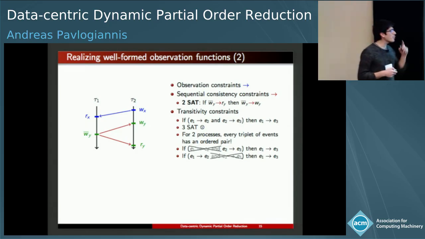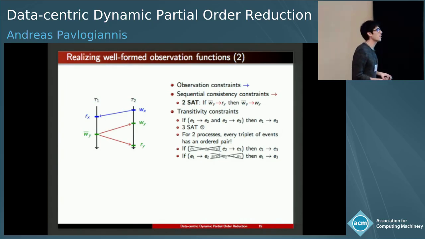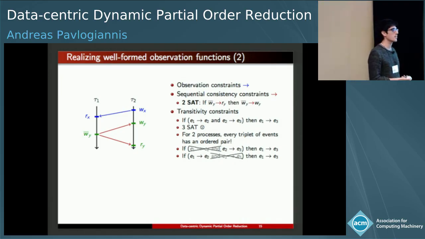So if we are to deduce that E1 happens before E3, we don't know this already, which means that either E1 happens before E2 already, in which case we get rid of the first condition, or E2 happens before E3 already, in which case we get rid of the second condition. In either case, we're happy because we're back to 2SAT.